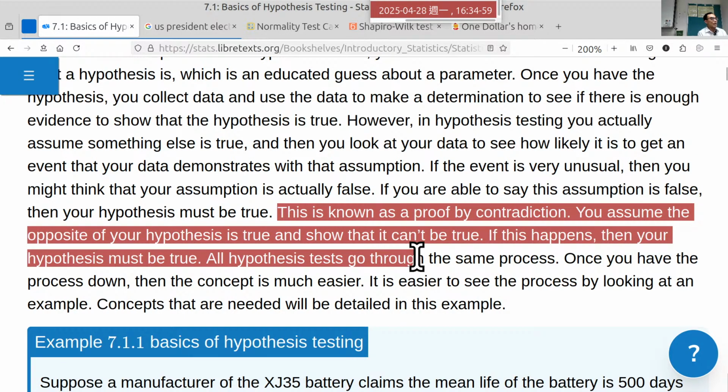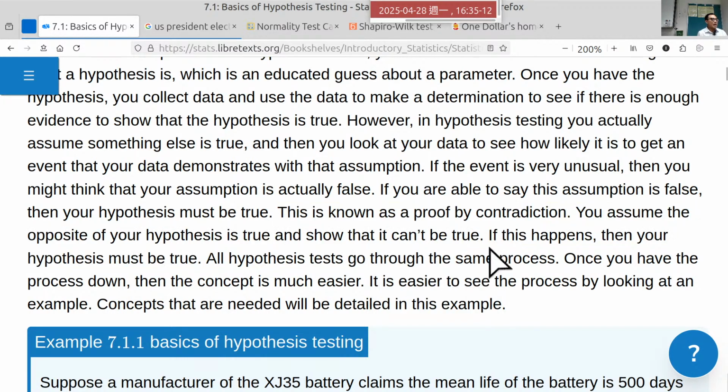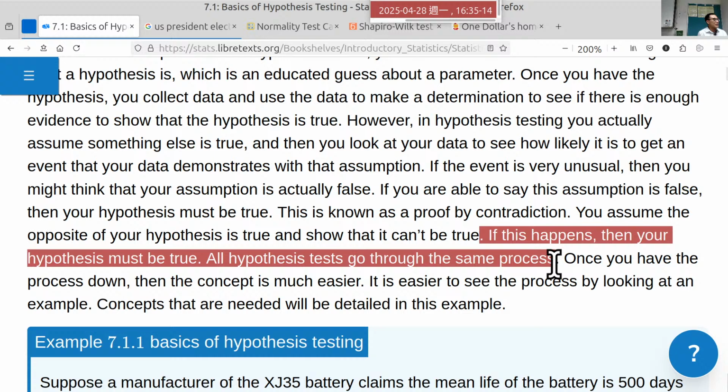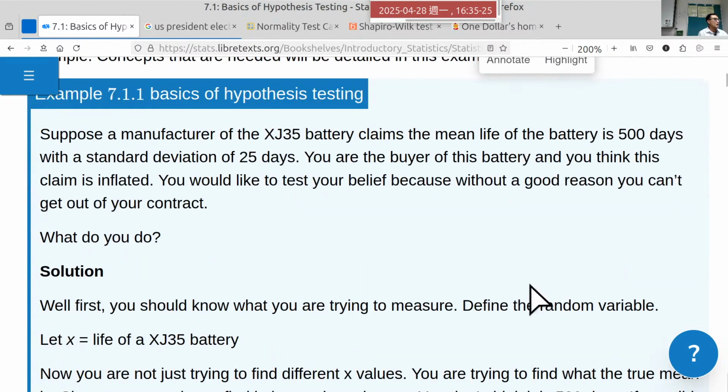This is known as a proof by contradiction. You assume the opposite of your hypothesis is true and show that it cannot be true. If that happens, then your hypothesis must be true. I know it's a bit complicated, but later when I have some real examples, you will understand it. Okay, let's move to this one.